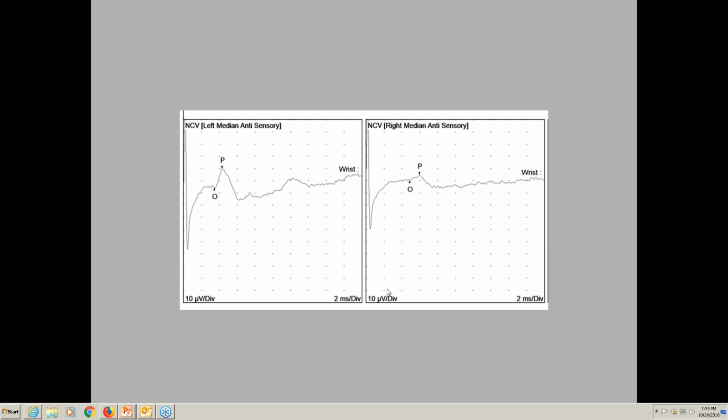So you automatically get yourself in a habit when you're looking at a sensory nerve conduction study to demonstrate that this setting is 10 microvolts per division, 2 milliseconds per division, and the right side, just in looking at them, looks much smaller in amplitude as compared to the left.